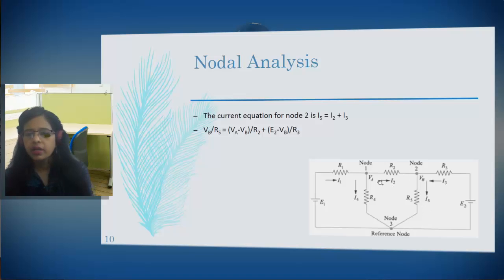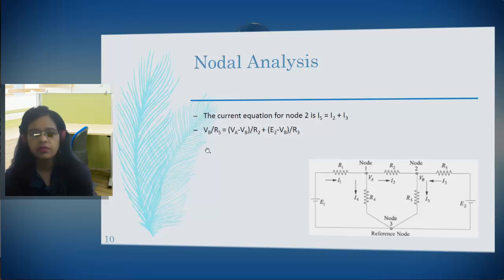Now what is I2? I2 is equal to VA minus VB divided by R2. And I3, again, this is at higher potential, this is at lower potential, so it is E2 minus VB divided by R3. And for this particular branch, I5 is equal to VB by R5.